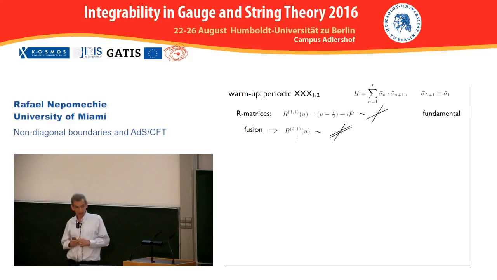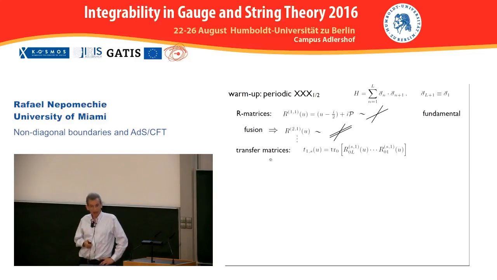But we project out the spin 0 and just keep the spin 1. And so now it's spin 1 scattering with spin-a-half. And that's this R matrix here. And you can keep going and get arbitrarily high spin.